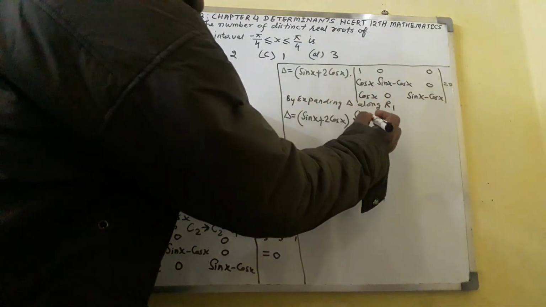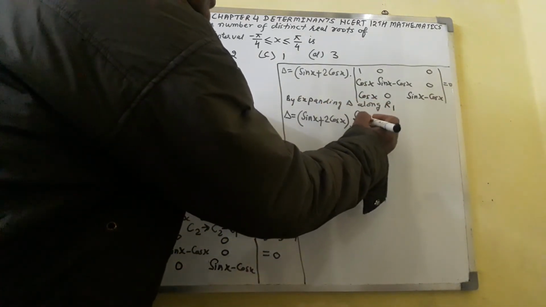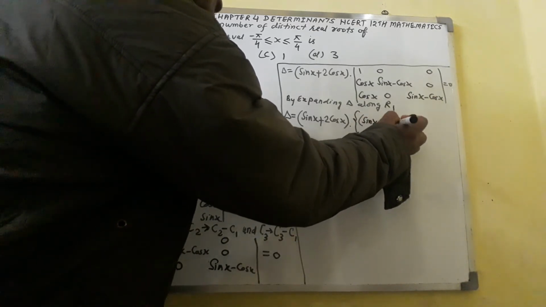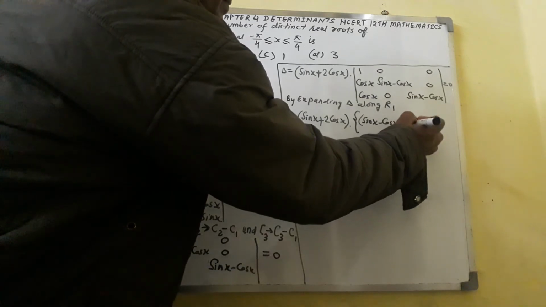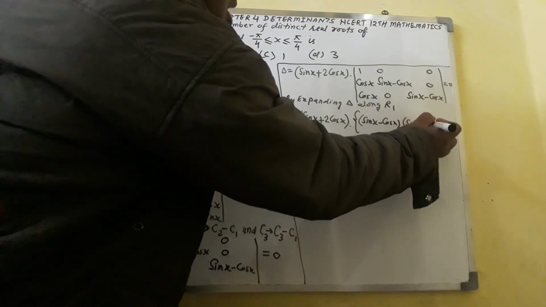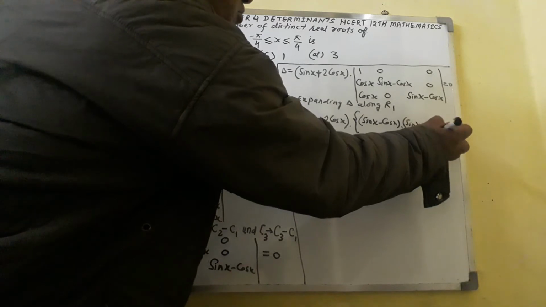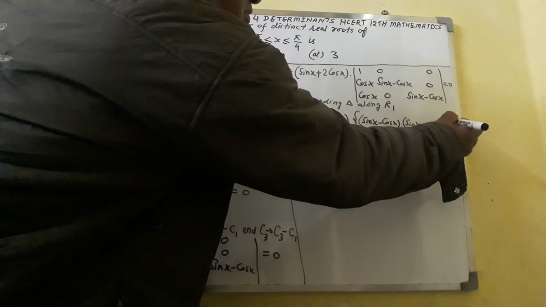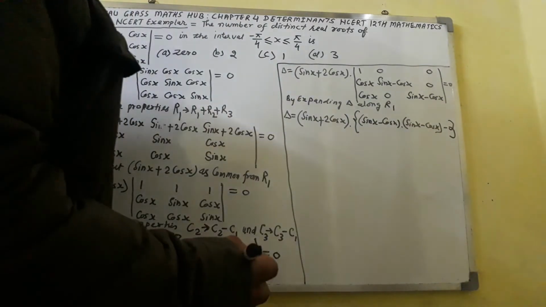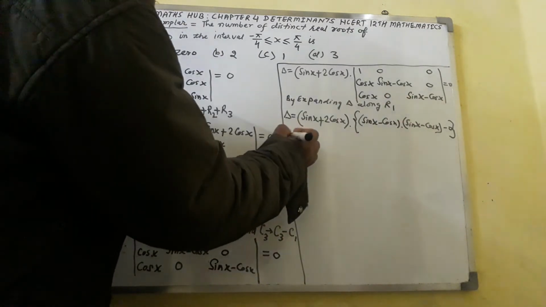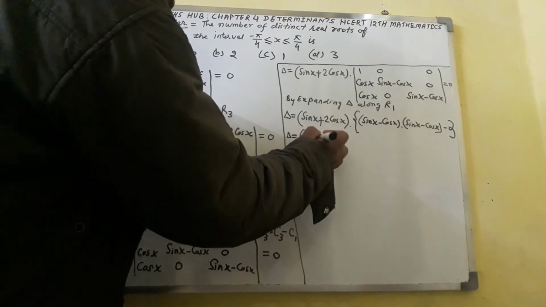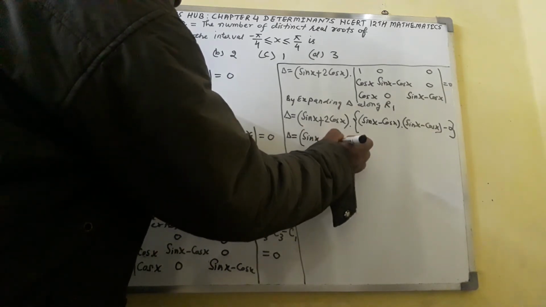So here write sin x minus cos x, also sin x minus cos x will get multiplied together. Minus 0 comes out to be. Here det comes out to be 0. So here we will get det equal to sin x plus 2 cos x.